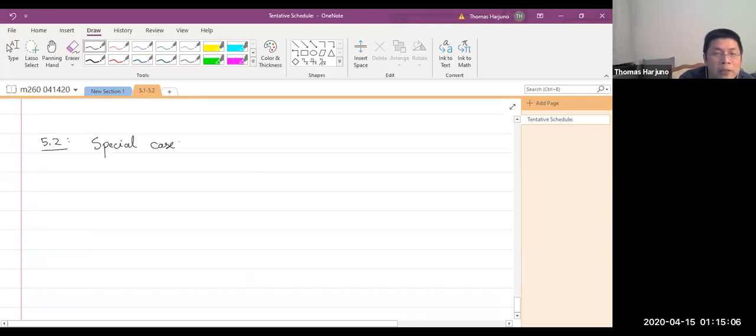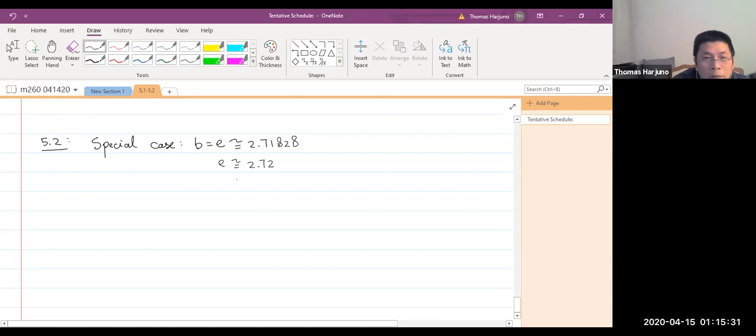The base b is now e, which is approximately 2.71828. Or we can round it to approximately 2.72.